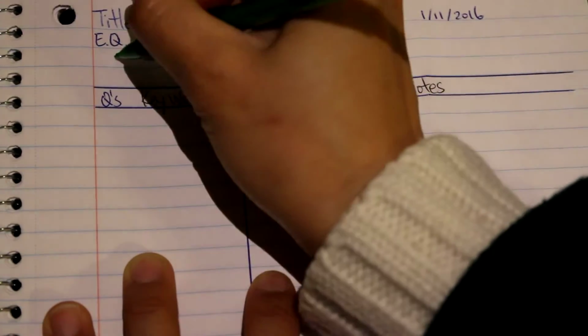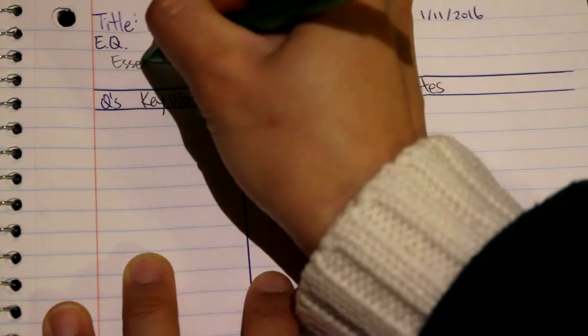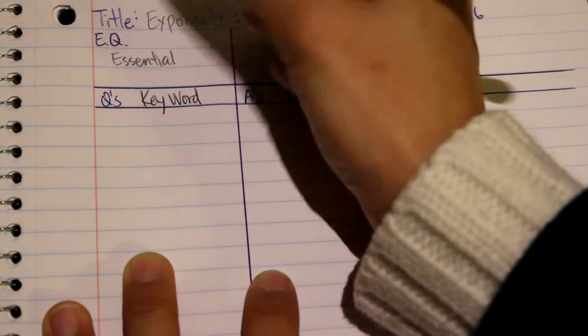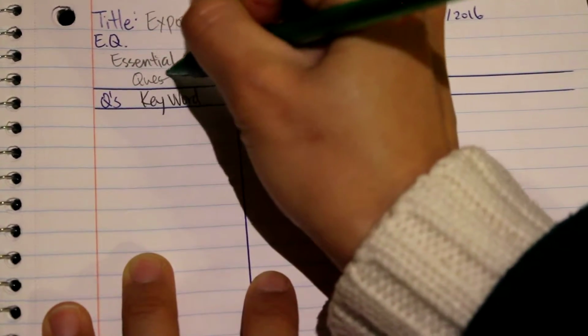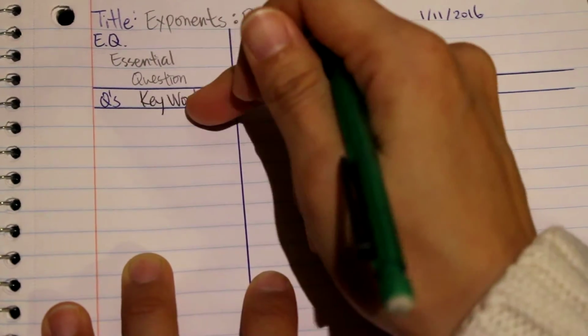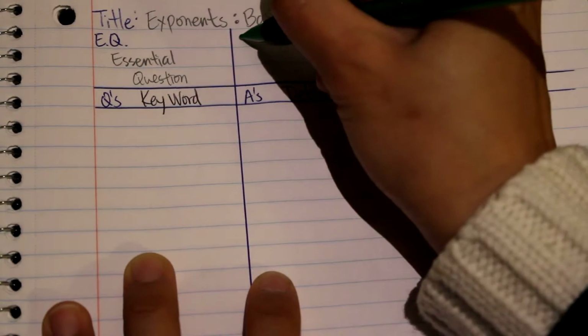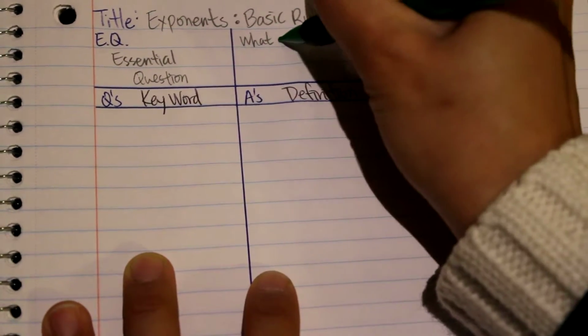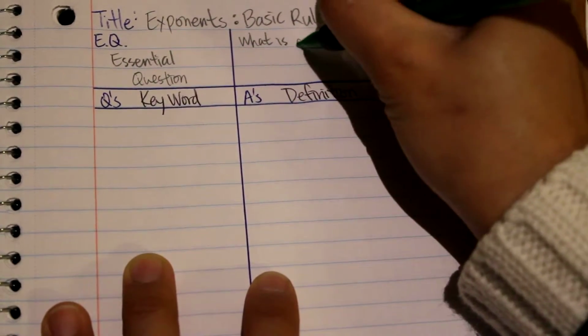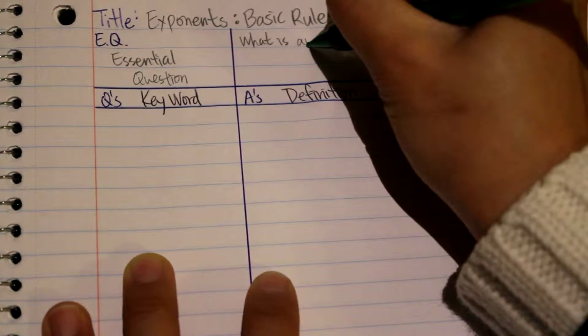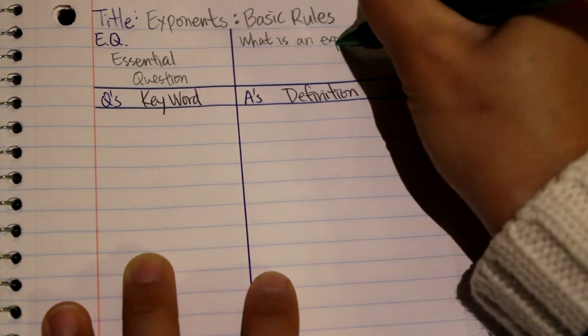So our essential question, remember EQ stands for essential question. You don't have to write out the words essential question if you want to just write EQ. Okay, our essential question is, what is an exponent?